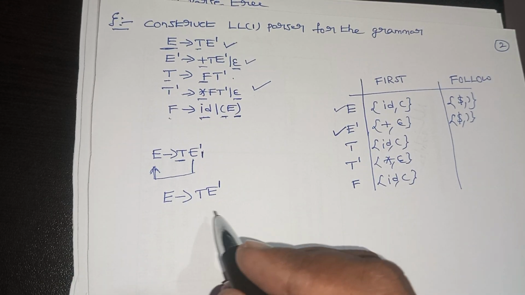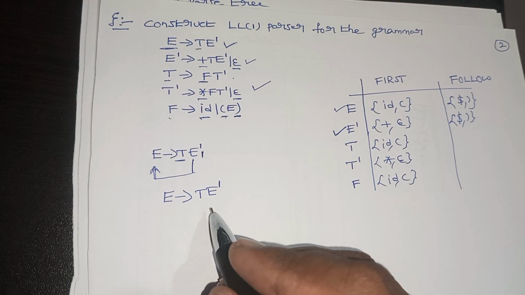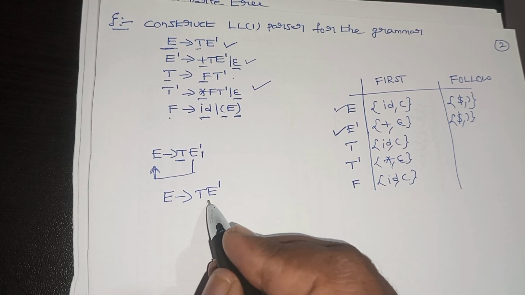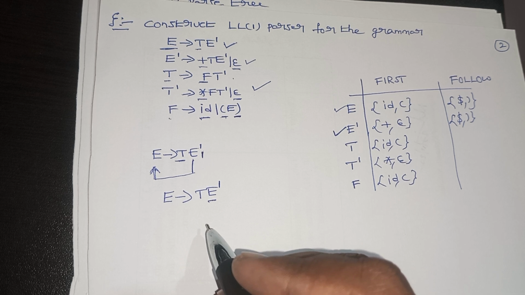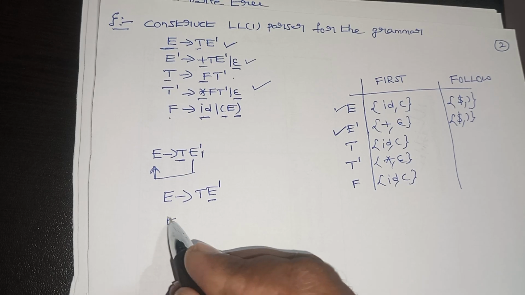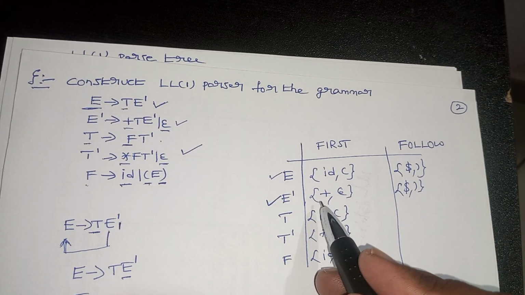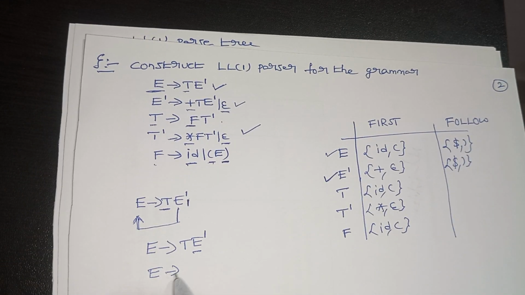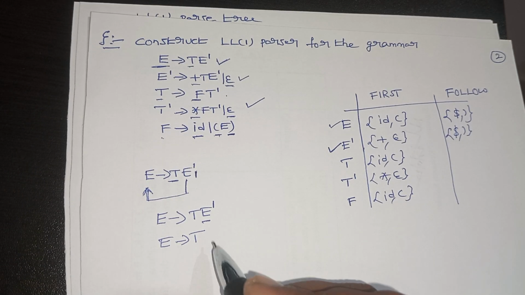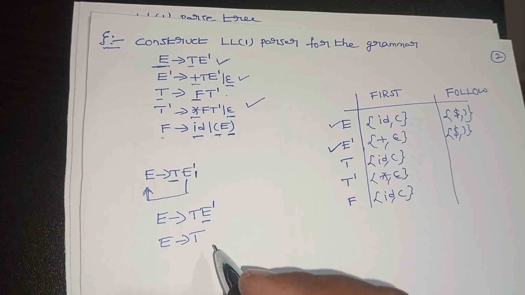Now what is the follow of T? Follow of T is first of E dash. That is the concept. So what is first of E dash? Plus and then epsilon, you write there. E tends to T, first I write plus.